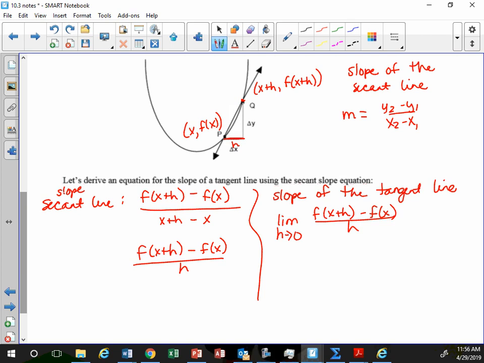It makes sense, right? It's just getting closer and closer together, so h is approaching 0. So that limit definition is what you're going to use to find derivatives today. So you can see how there's going to be some algebra to simplify everything on the right side of that.